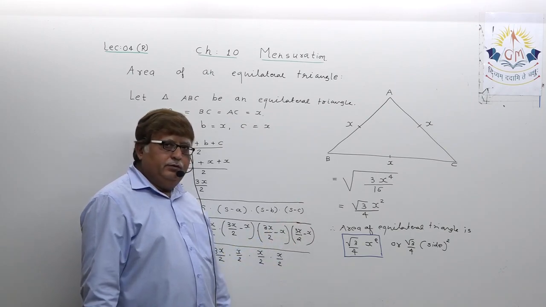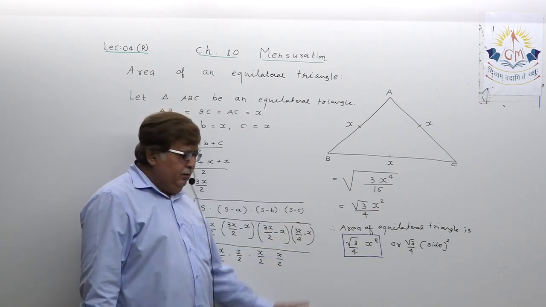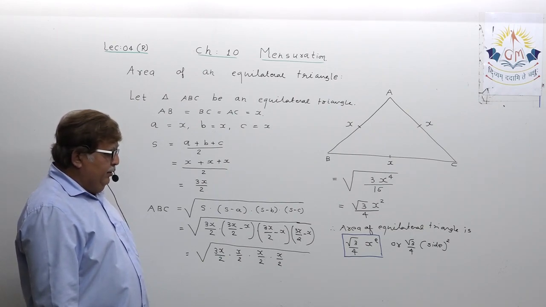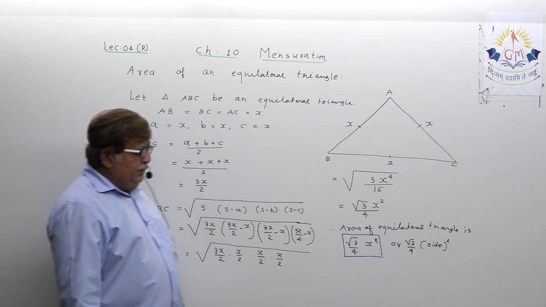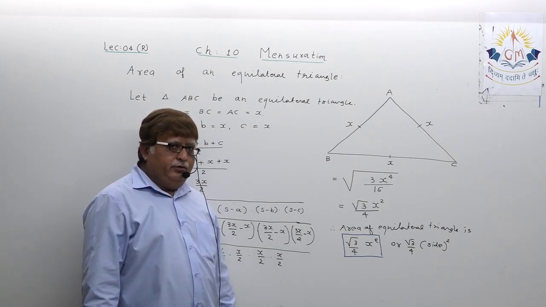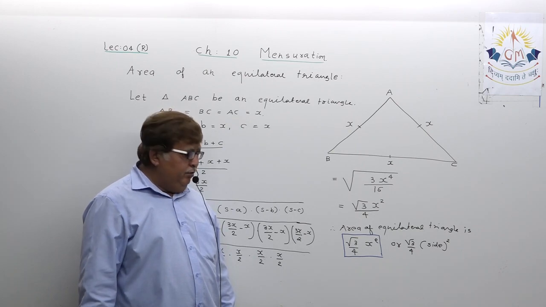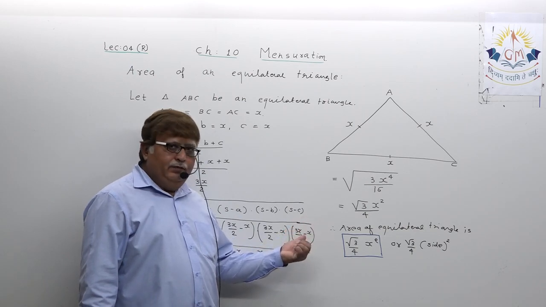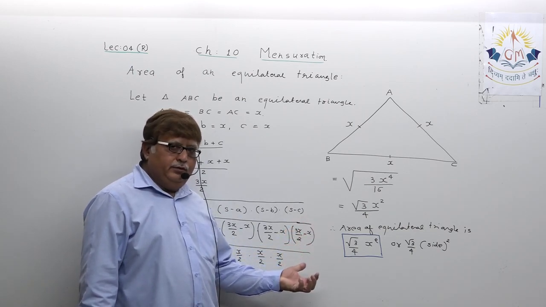Now, dear student, after we got the formula for area of equilateral triangle, let us try to solve some of the MCQs. What we are going to do? One related to this MCQ, I will explain here.